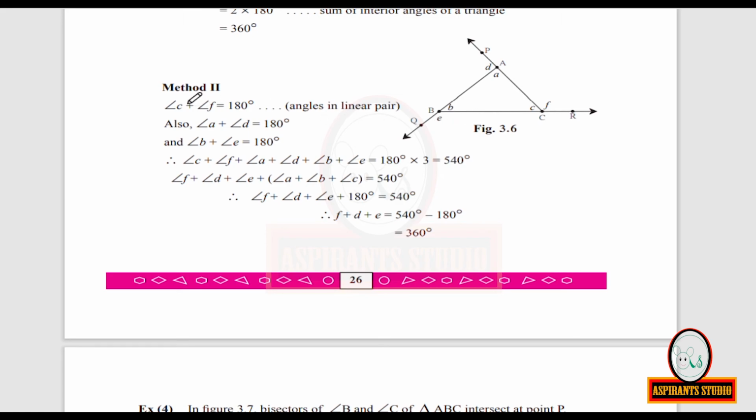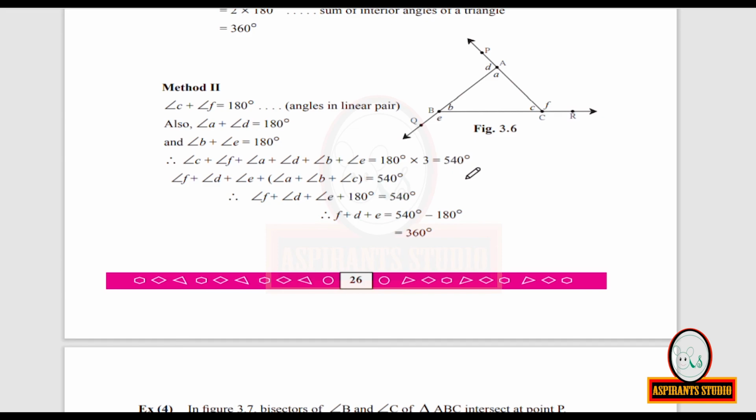Now, we are going to add the left hand side. So we get measure of angle C plus measure of angle F plus measure of angle A plus measure of angle D plus measure of angle B plus measure of angle E is equal to 180 plus 180 plus 180 degrees. That is equal to 180 how many times? 3 times.